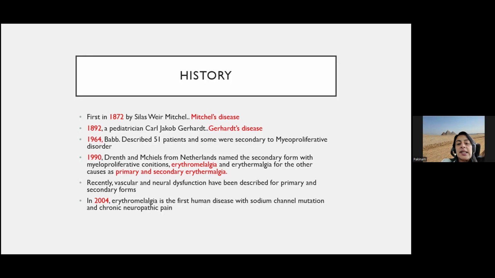And then in 1990, Drenth and Michels from Netherlands named the secondary form as erythromelalgia. However, for other causes, it was named as primary and secondary erythromelalgia. Recently, vascular and neural dysfunction have been described for primary and secondary forms. In 2004, erythromelalgia is the first human disease with sodium channel mutation and chronic neuropathic pain.